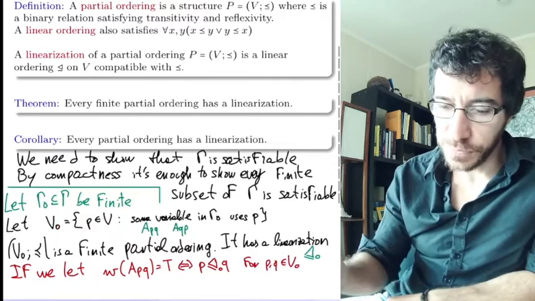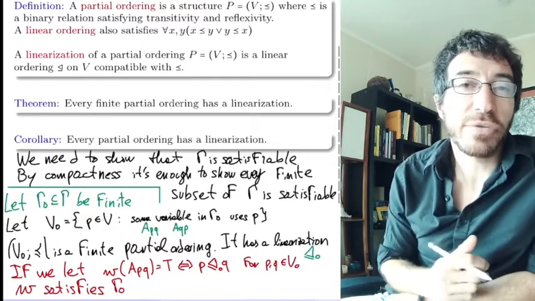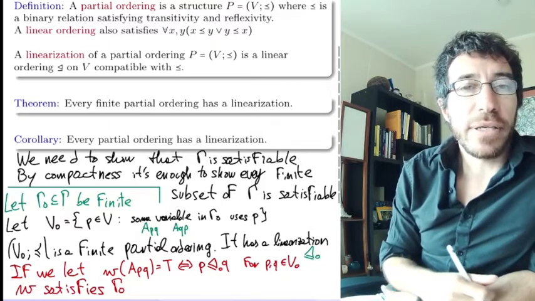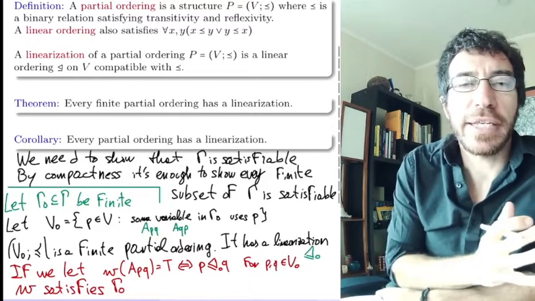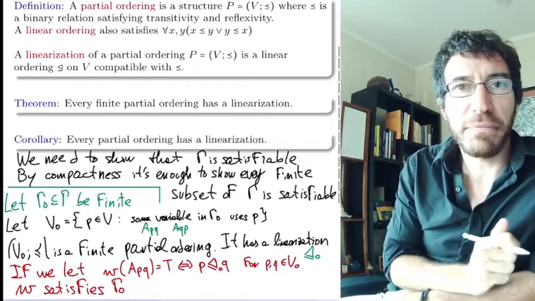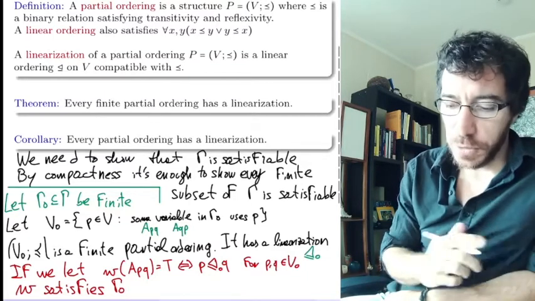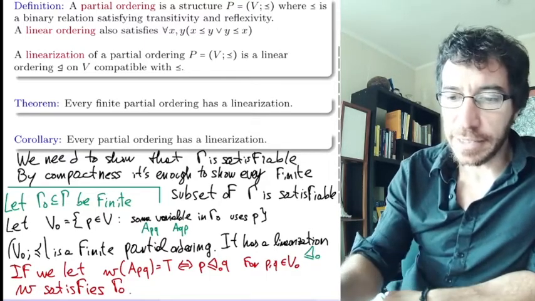So this satisfies the subset gamma 0, because gamma 0 only mentions the P's and Q's in V0, and for those we have a linearization. In the finite case, we know how to linearize partial orderings, so we can make gamma 0 satisfiable. So gamma 0 is satisfiable, and that's exactly what we needed.